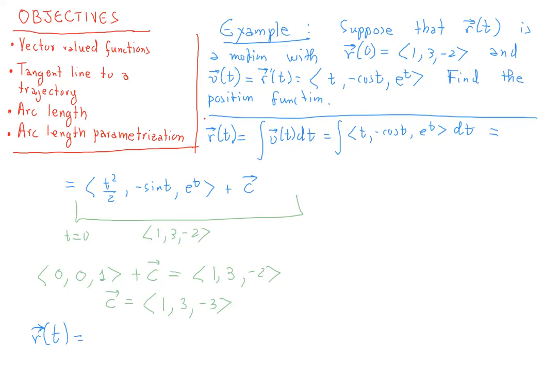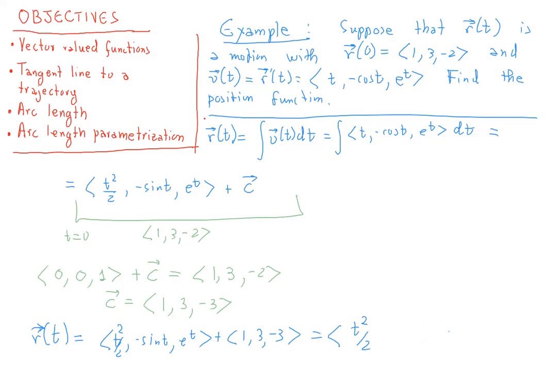If we put everything together now, then we have that r of t is equal to t squared over 2, negative sine t, e to the t, plus 1, 3, negative 3. And if we want, we can write it all together, so I just wanted to distribute the constants.